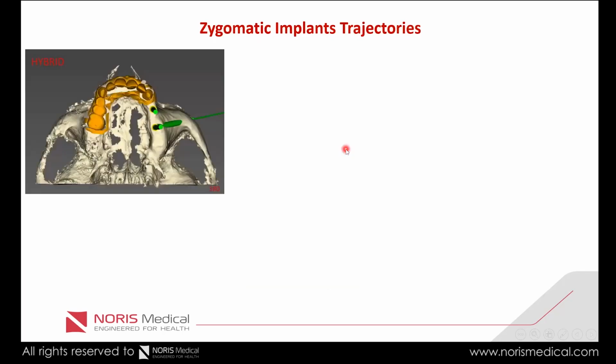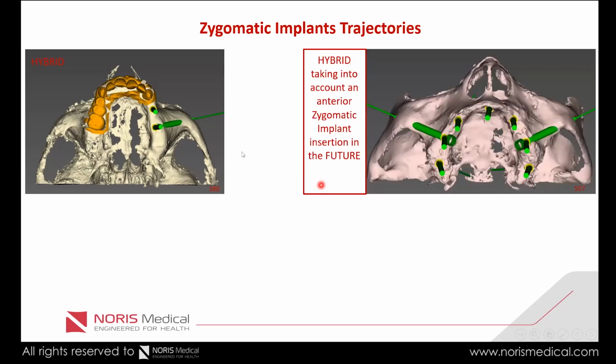So let's look at some implant trajectories. We have the hybrid trajectory, where we have teeth and we just need to add an anterior and posterior implant because we have no bone. We have another hybrid session where we can put anterior implants, but we don't know what would be the bone situation within, let's say, several years from now.